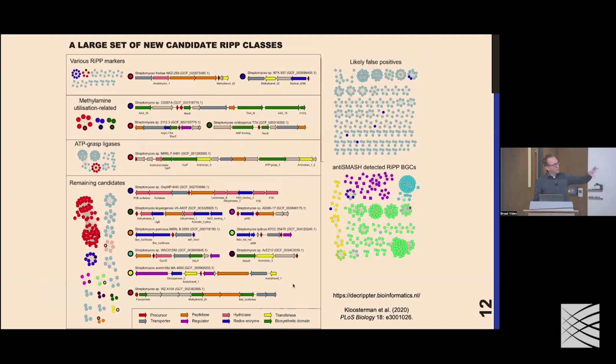Already in this one genus, we found around 40 to 50 candidate new classes of RiPP biosynthetic gene clusters, and that corresponds to thousands of biosynthetic gene clusters in these genomes. By now, we've also run this on a range of other genera, including genera from the human microbiome, and there is really a lot still to discover in this way.